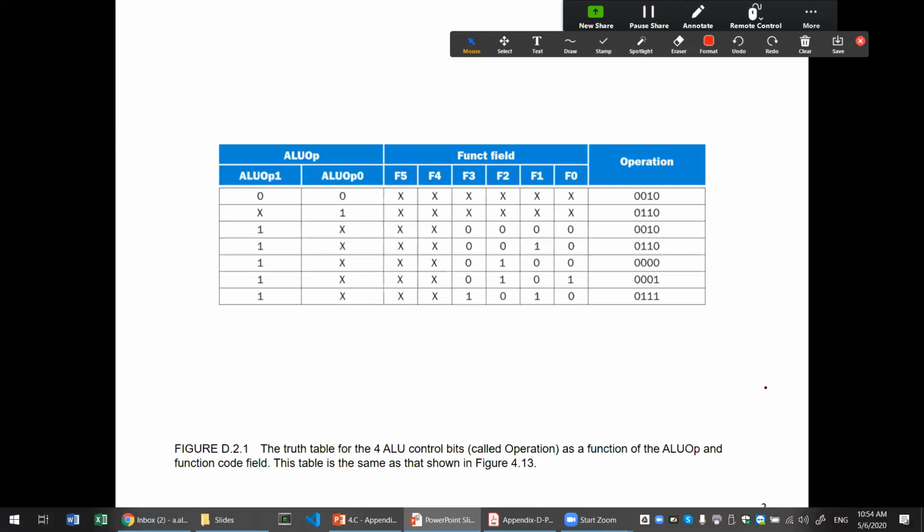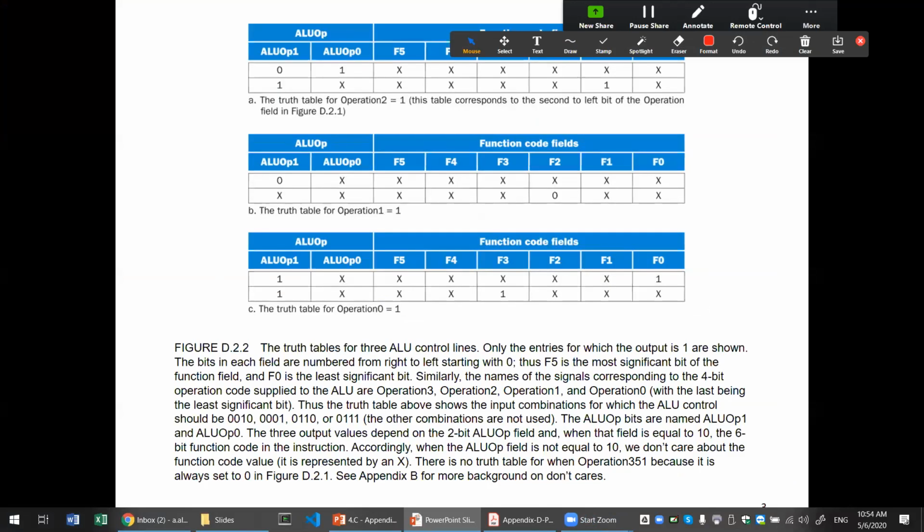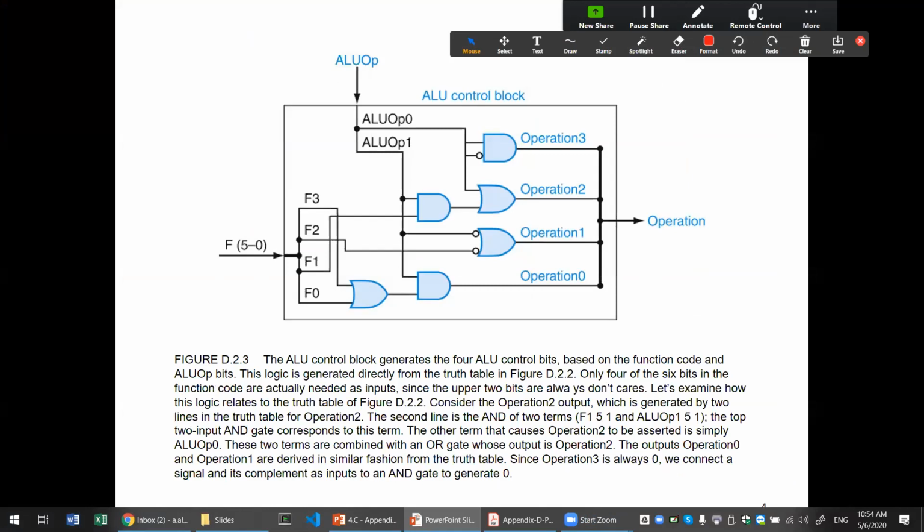Once we have the original table, we created 3 separate tables for when op 2 is one, op 1 is one, and op 0 is one, and then you can take the expressions we got there, and now only from the 2 bits here with the 6 bits here, with a simple circuit you can generate the 4 bits of the ALU control. Now notice operation 3 was zero, right, so that's why it put an AND gate with 1 and 0, so whatever value you put here, it comes out 0. Okay.